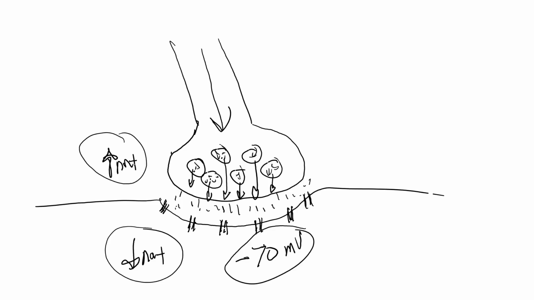And that's exactly what these excitatory neurotransmitters released by the presynaptic neuron, neuron number 1, are going to do. These excitatory neurotransmitters are going to cause these ligand-gated channels, which are basically non-specific cation channels, to open up.